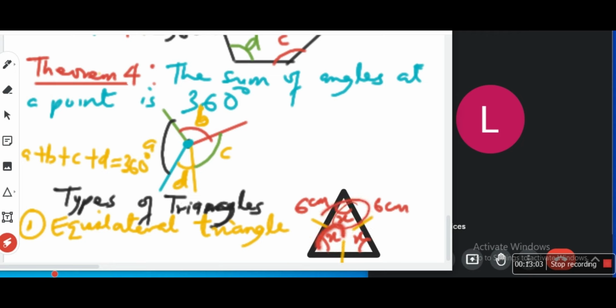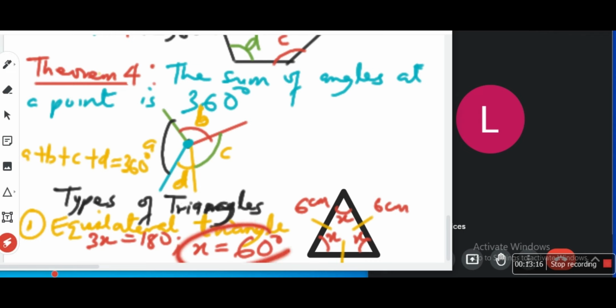That's X plus X plus X, or 3X, must be 180 degrees. And that gives us X must be equal to 60 degrees. The angle in an equilateral triangle is 60 degrees, always.